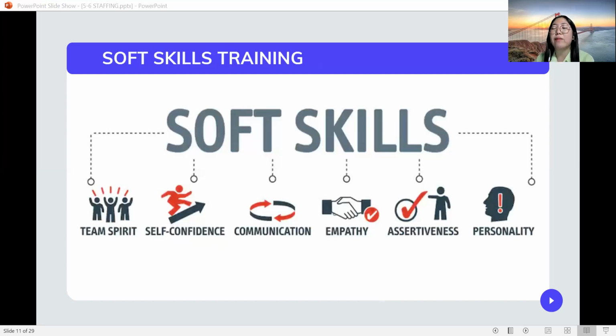Soft skills are used in every interaction with the customers, and these are a key component of the customer experience. So this soft skill performance is very important for you to have as an employee.